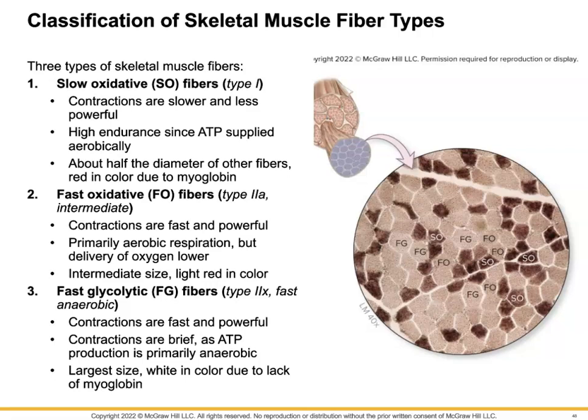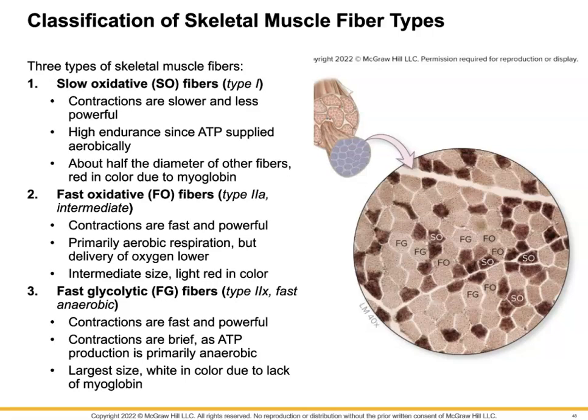So let's look at the three types of skeletal muscle fibers and classify them based on how they make ATP. So again, the slow oxidative fibers typically have about half the diameter of the other skeletal muscle fibers. They contain the slow ATPase, which means they break down ATP slowly.